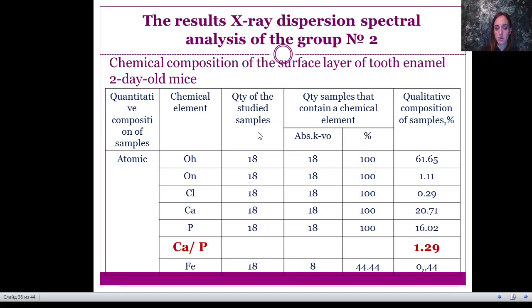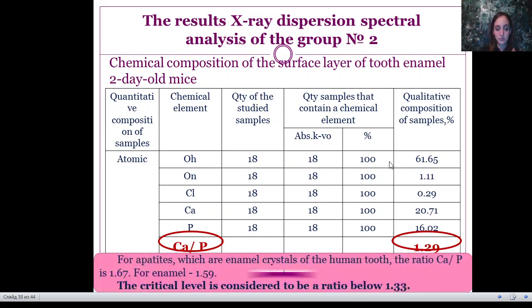And the second table, it's second group, it is also chemical elements and qualitative composition of samples. So look, please. The critical level is considered to be a ratio before 1.33.